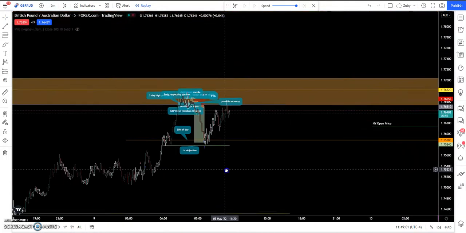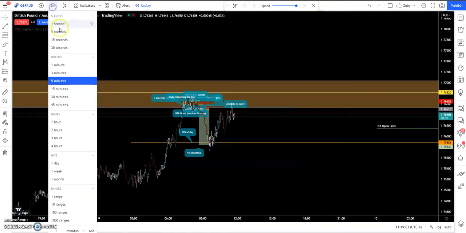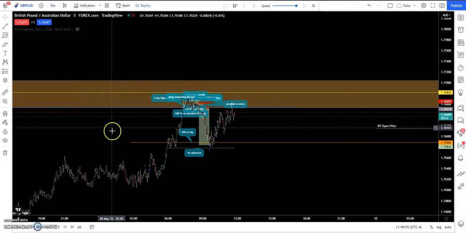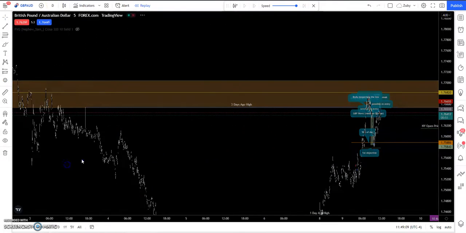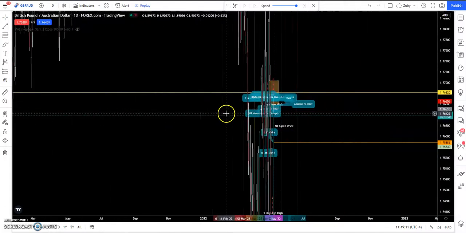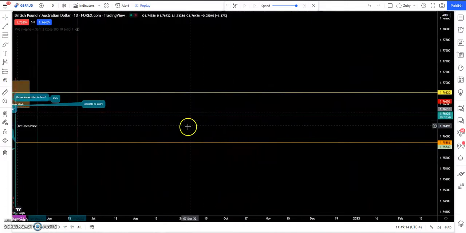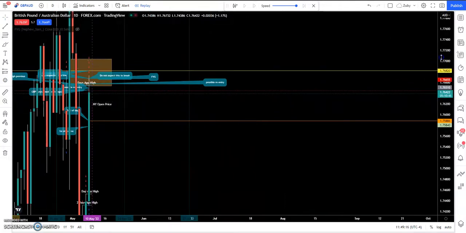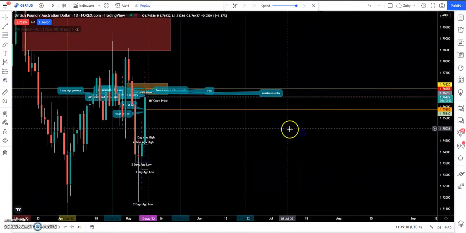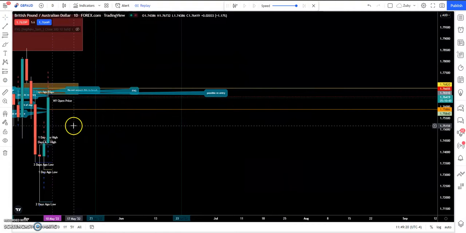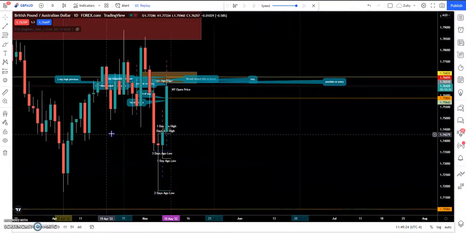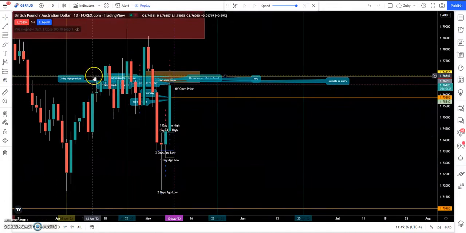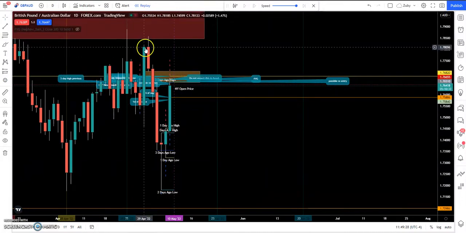So before dropping down into the 1 minute, one of the things he teaches in his YouTube videos is the mean of a candle. That is what this yellow line is.